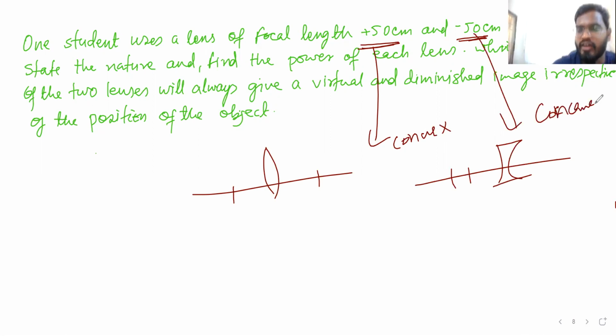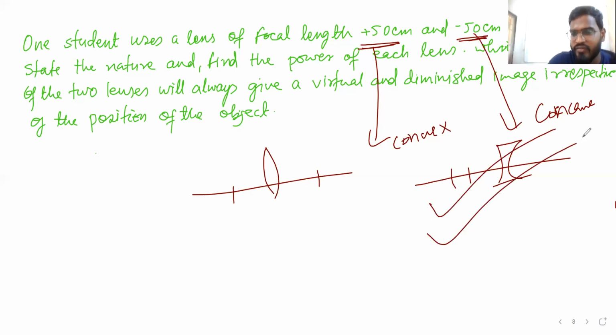Hope you got it, right? Now they are saying irrespective of that, which of the two lenses will always give a virtual and diminished image? Virtual and erect image can be given by convex. And then power also they are asking.